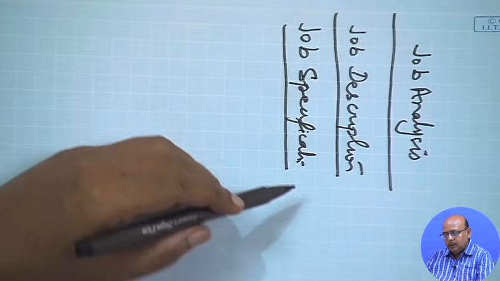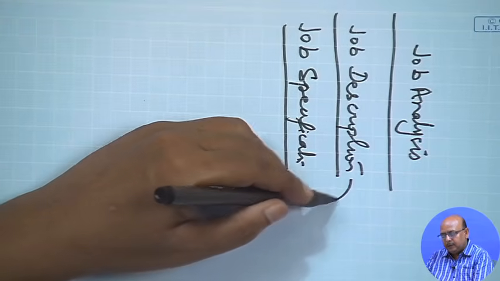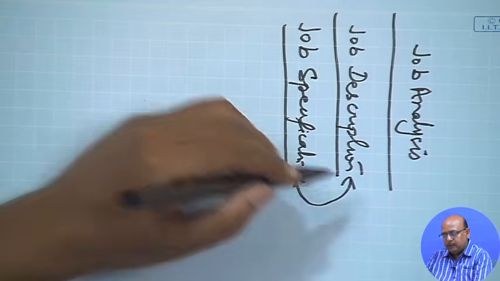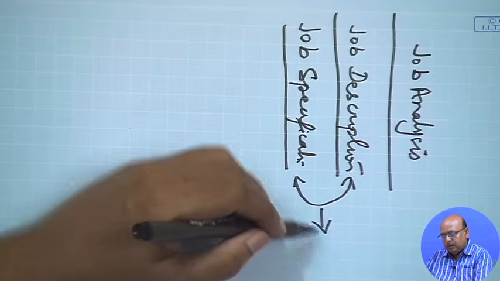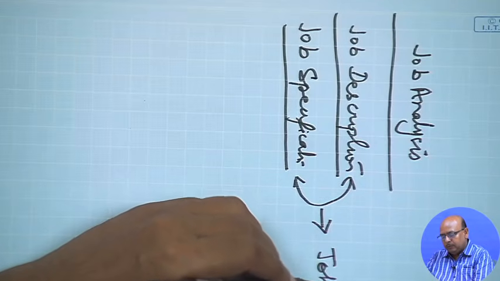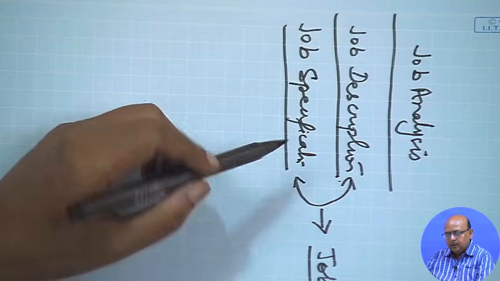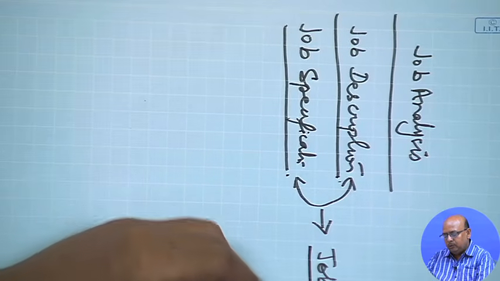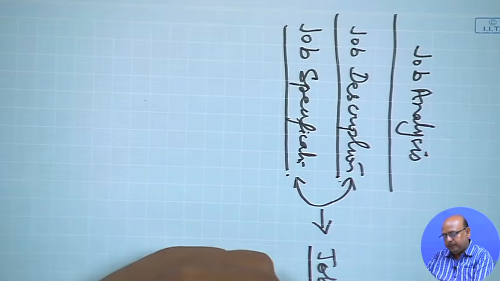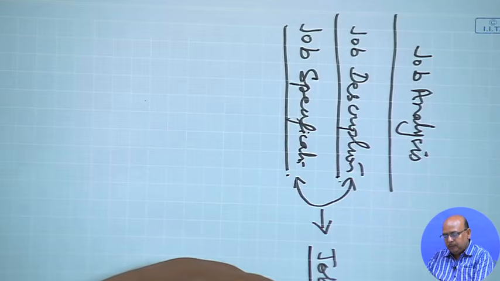So, you need to match this job description with job specification, okay, and make sure that it is related to the job. It means that if you have this and this, probably you will be able to perform your job effectively, right.